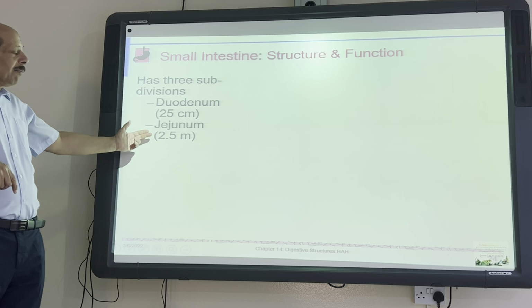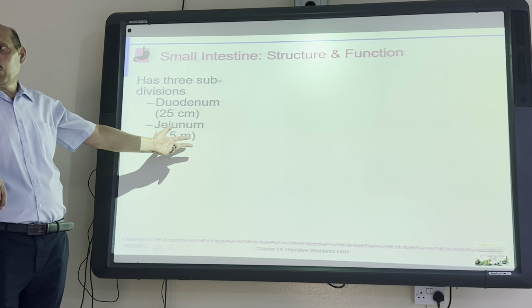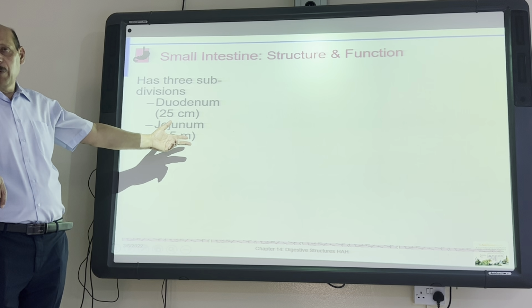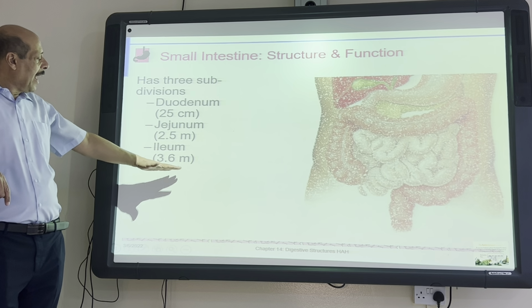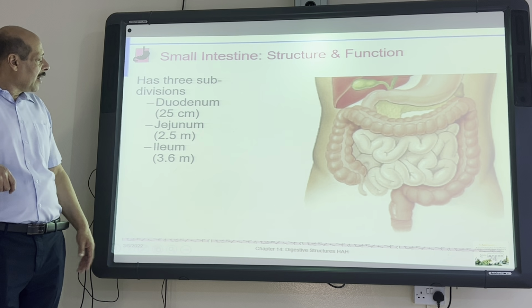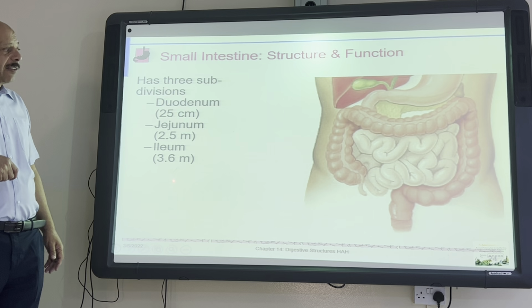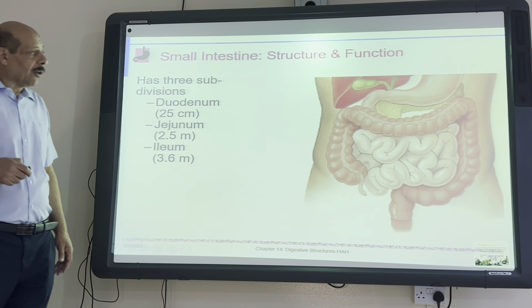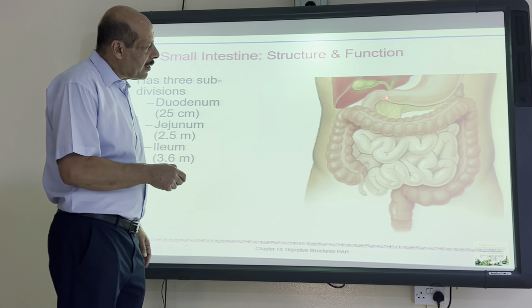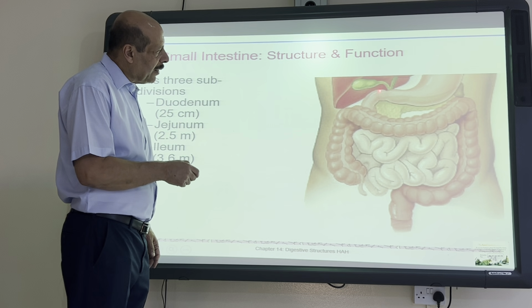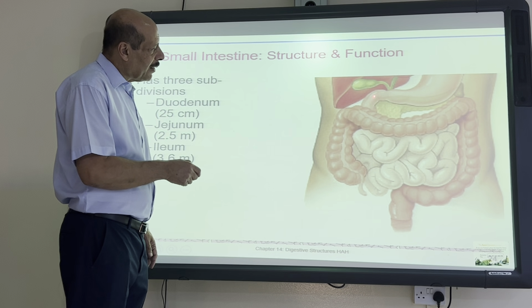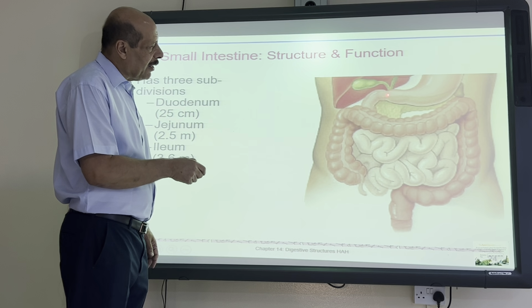Then the jejunum, which is 2.5 meters in length. Then the ileum, which is 3.6 meters. So the duodenum starts from here. This is the duodenum, starting from the pyloric sphincter.